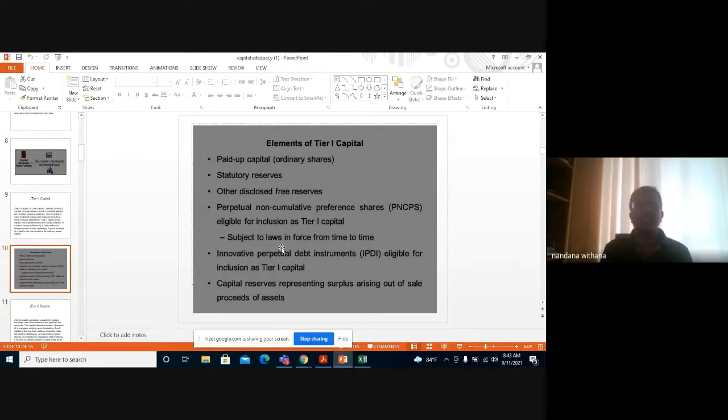Other disclosed free reserves. Then non-cumulative, non-redeemable preference shares. Then profit or loss published, profit or loss unpublished. So these are the elements of Tier 1 capital.